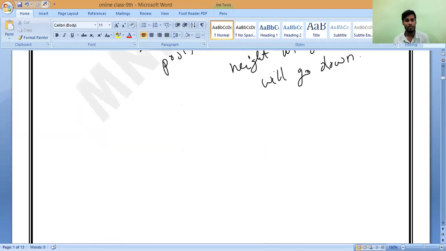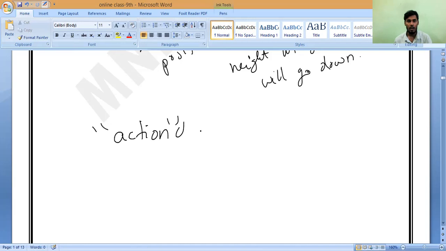So why is the box in equilibrium here? Because the action of the box must be equal and opposite to the reaction of the ground. So it neither goes up nor goes down.